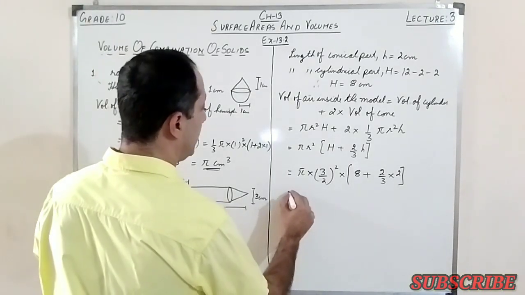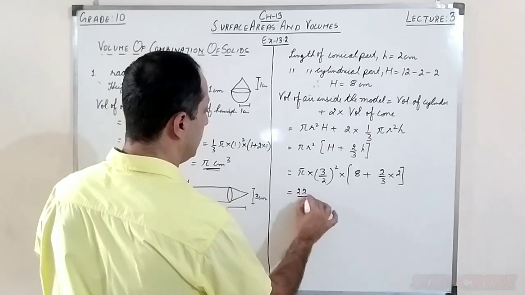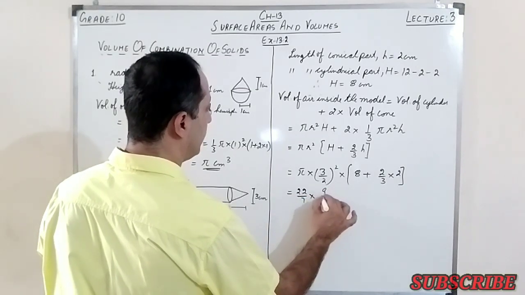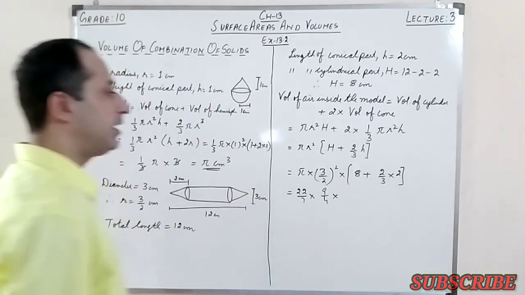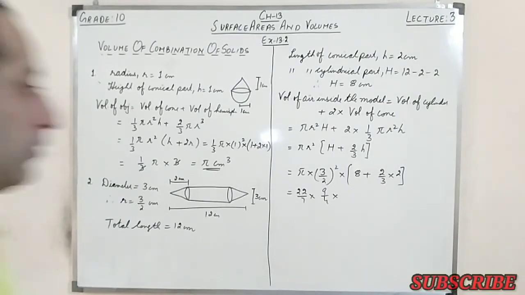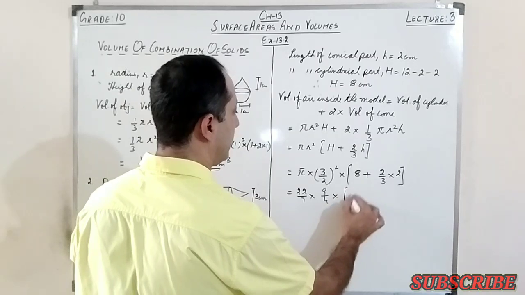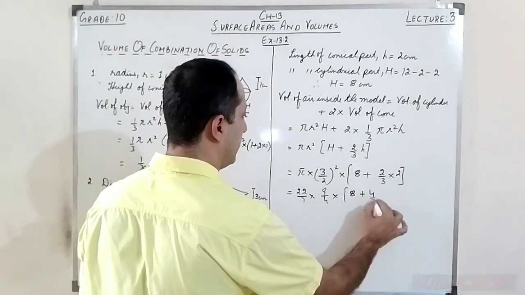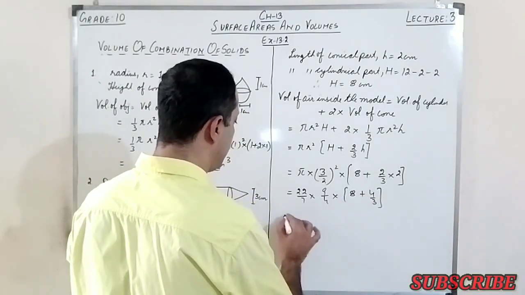Now we have to simplify this complete thing. So this is 22 upon 7 multiplied by 9 by 4 multiplied by, inside the bracket, 8 plus 4 by 3. Now we take the LCM inside the bracket.